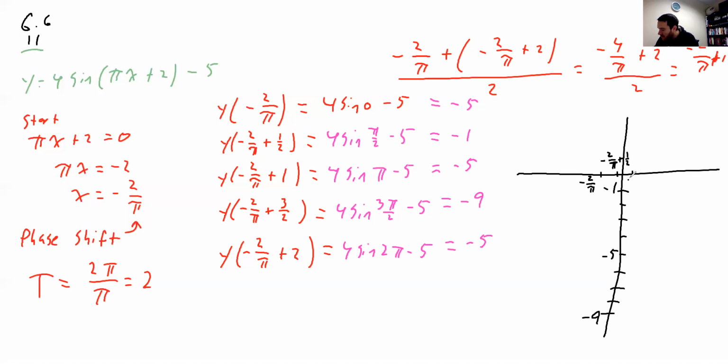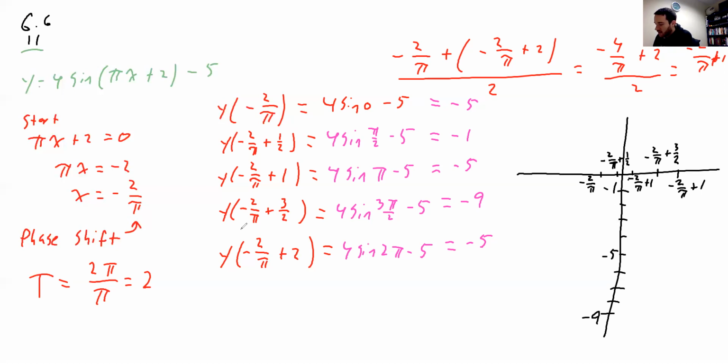Call that negative 2 over pi plus 1. The next point would be like 0.8-ish. So negative 2 over pi plus 3/2. And then the last one would be at like 1.4. I'm going to put right here, and call that negative 2 over pi plus 2. Like I said, I knew this one wasn't going to be pretty from the get-go.